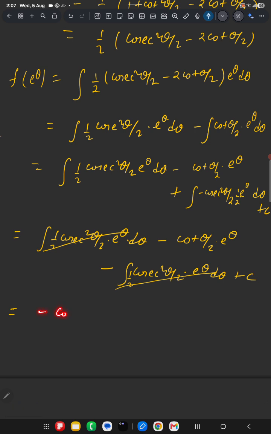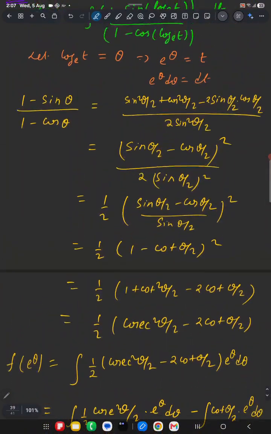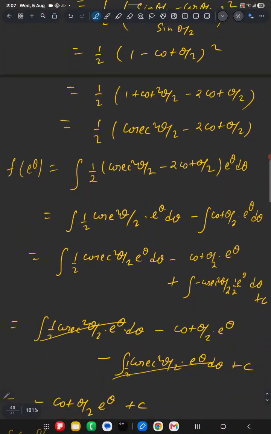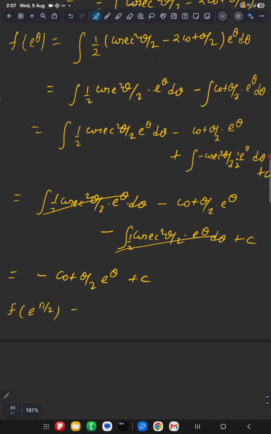So this will give you minus cot theta by 2 e^theta plus c. Now in your question it is given that f of pi by 2 is minus e to the power pi by 2. So minus cot of pi by 2 into 2, means pi by 4, into e power pi by 2 plus c.